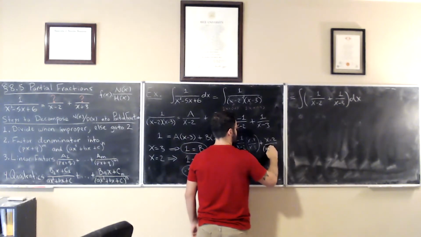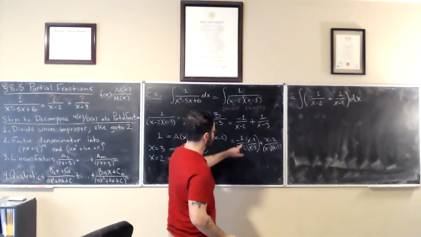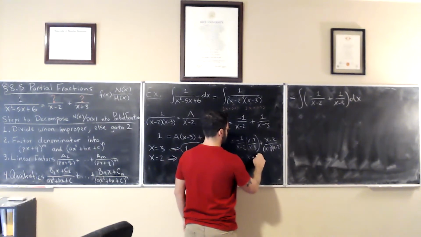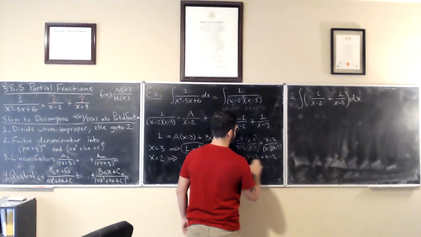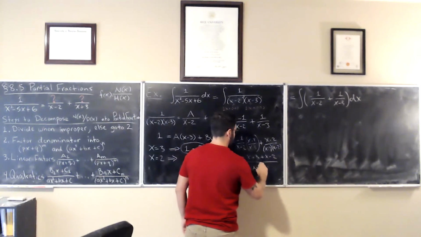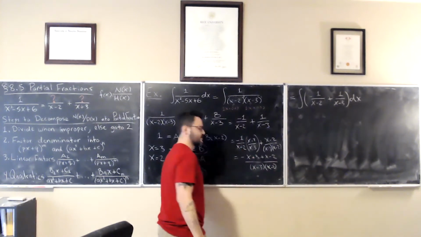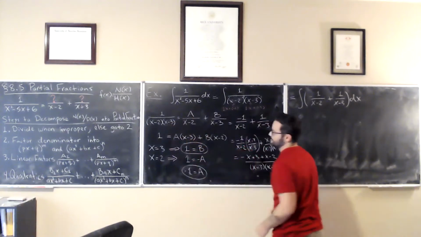And then all together, you'll have negative x plus 3 plus x minus 2 all over x minus 3 times x minus 2. Combine those and you do get that back.